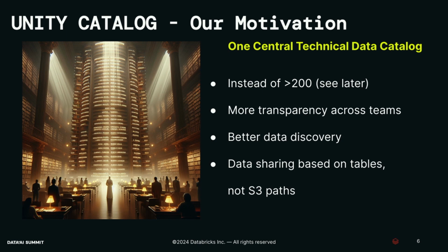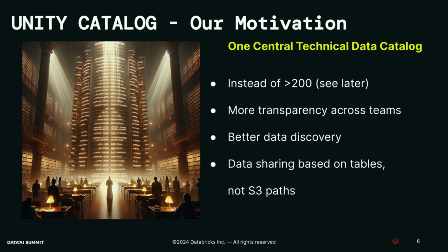An additional motivation was that we wanted to have one central catalog where all the data is available. Currently we have more than 200 technical data catalogs, as you will see later. But having one big technical data catalog gives much more transparency for the teams and enables much better data discoverability.